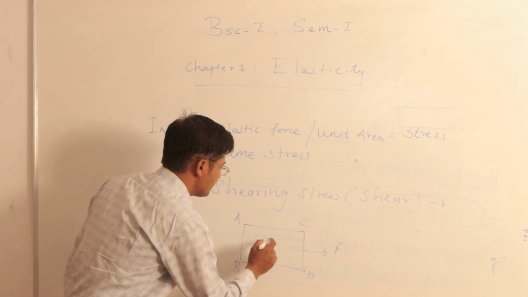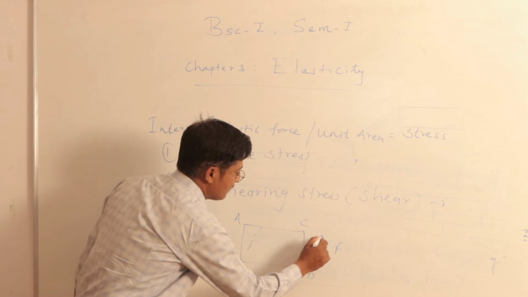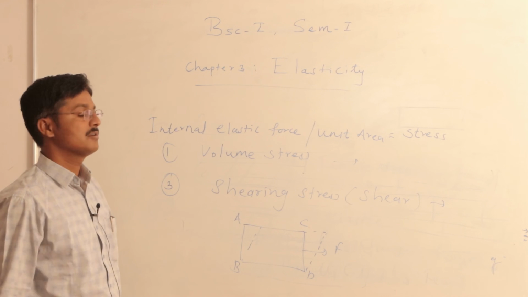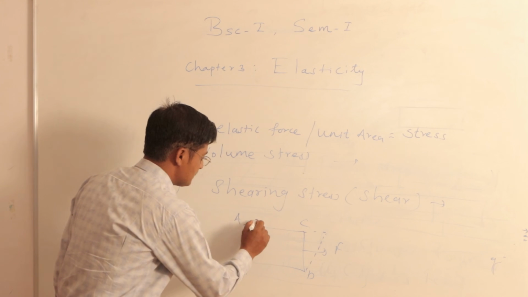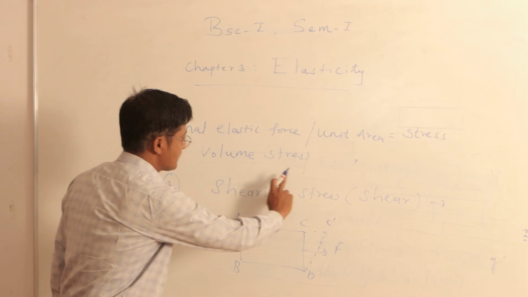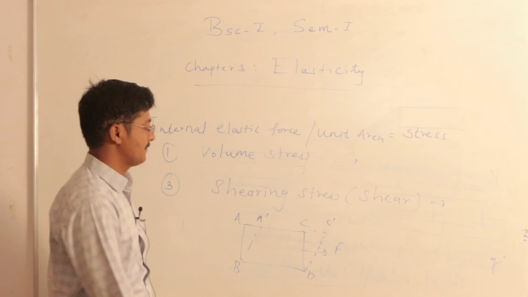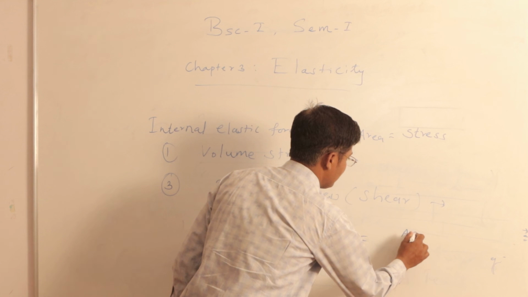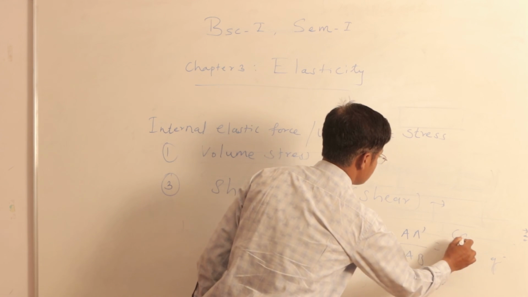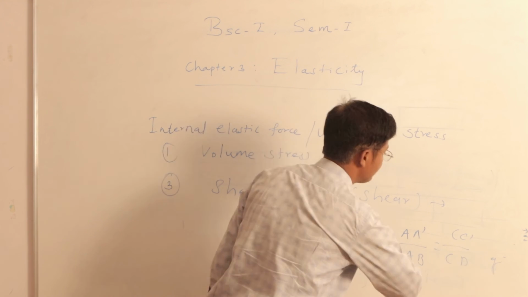By applying this deforming force, there may be displacement of the body from its original position. So I will say this is A dash, this is C dash. Now this is the example of shearing stress. It is given by AA dash upon AB or CC dash upon CD.